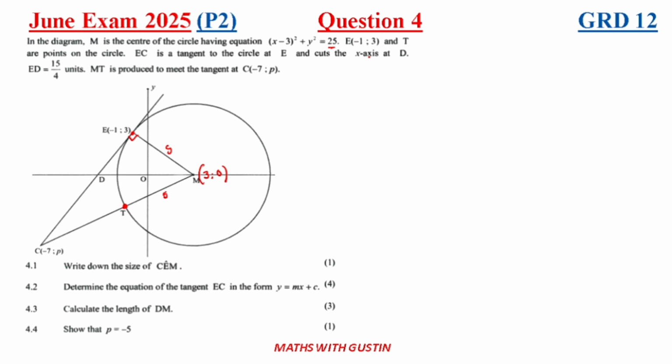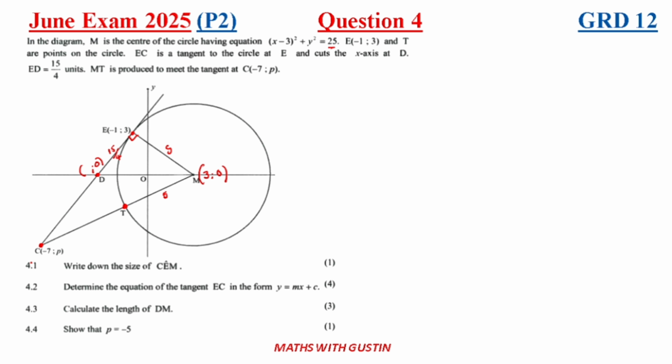And then it cuts the x-axis at point D. There it is, here at point D, so it means the coordinates of D have y equal to 0 because it's on the x-axis. And then they said ED, the distance here, is 1/5/4. Okay, and then MT is produced to meet at point C. Okay, there it is. Great stuff.